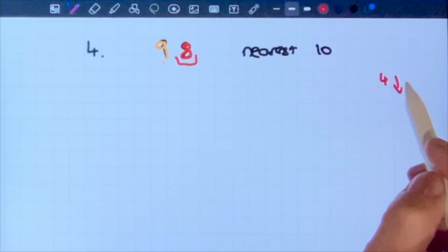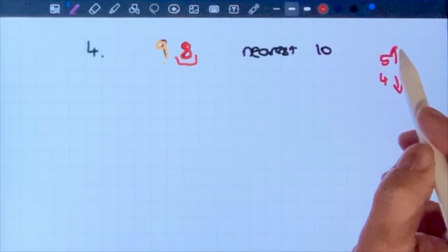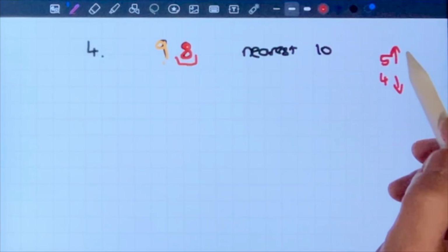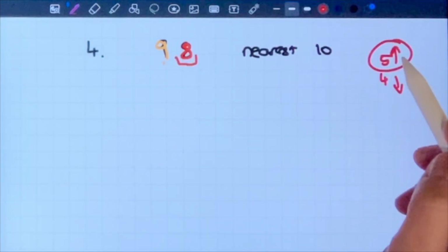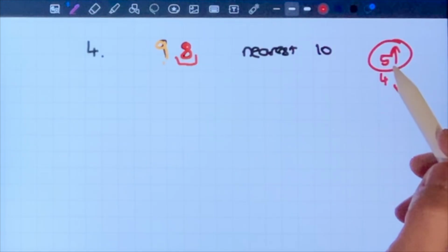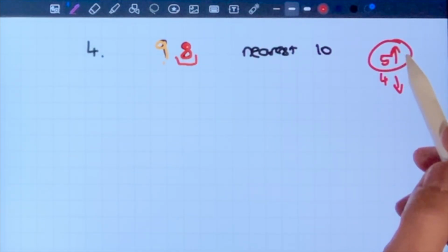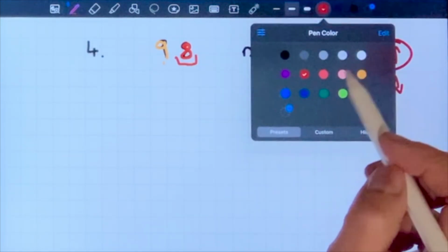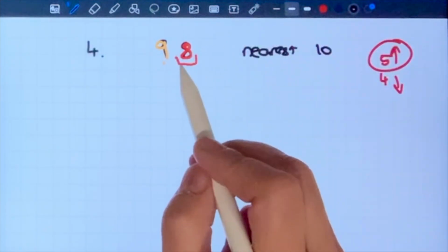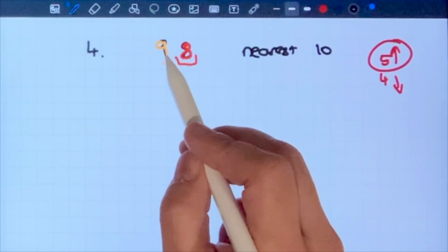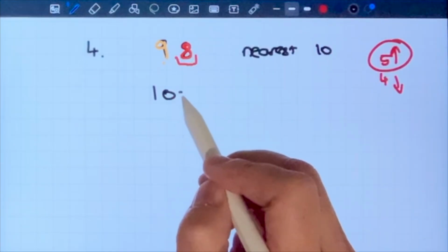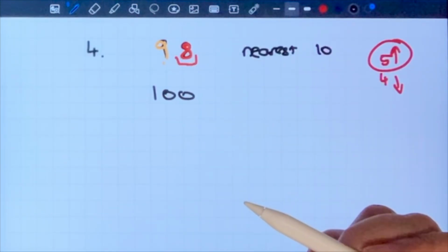So going back to this, 8 falls in the category of 5 and above, so it's going to get rounded up. And so this is going to become 100.